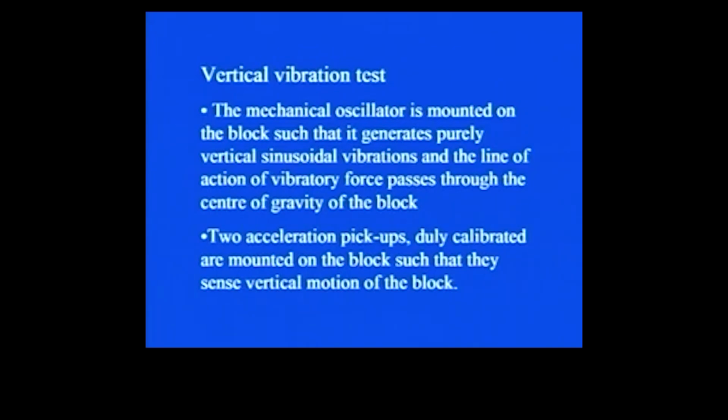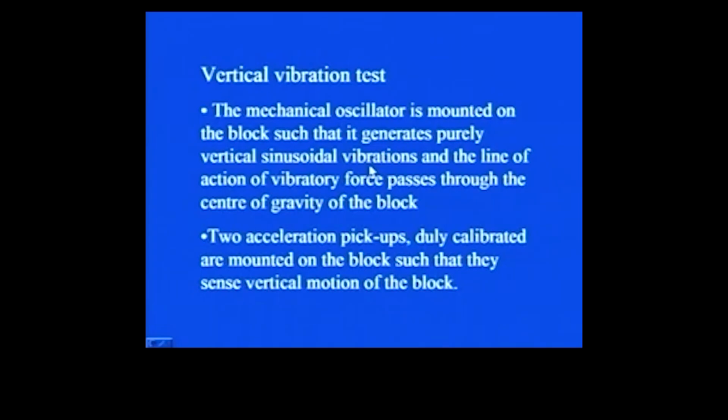So whatever mechanical oscillator has been mounted, we have to make sure, with the help of these calibrated transducers, that it is generating purely vertical sinusoidal vibration, and the line of action of this external force must coincide with the center of gravity of the concrete block on which this oscillator has been mounted.